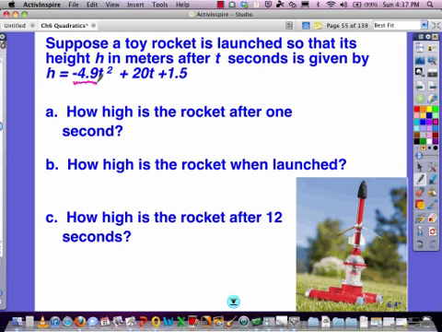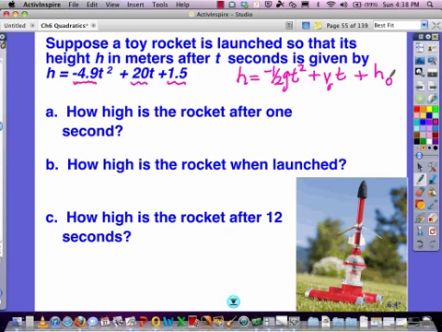T squared plus 20t went in, and plus the 1.5. Now, I'm just going to put down our equation again so you can see. Negative 1/2 g t squared is your first term, plus v sub 0 t plus h sub 0. So you can see what's what.